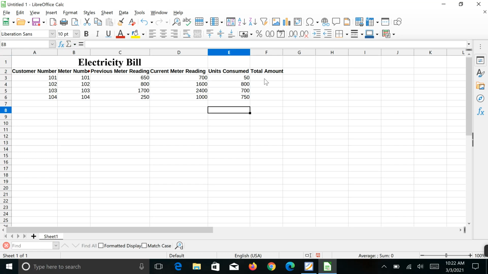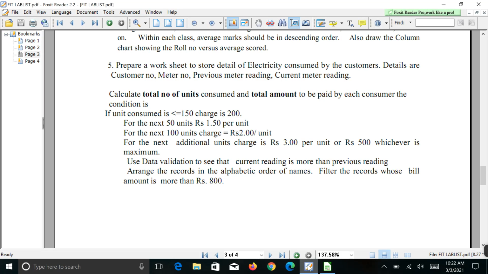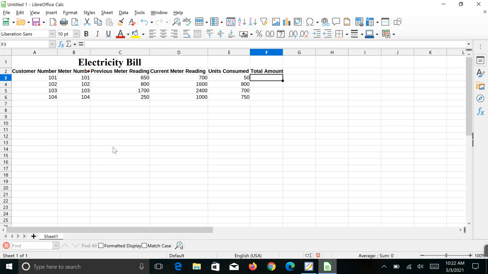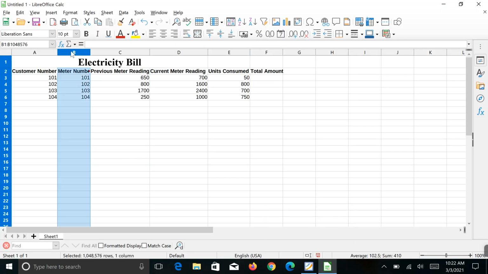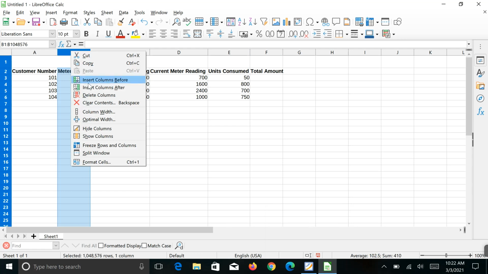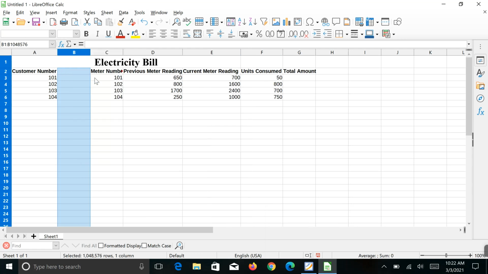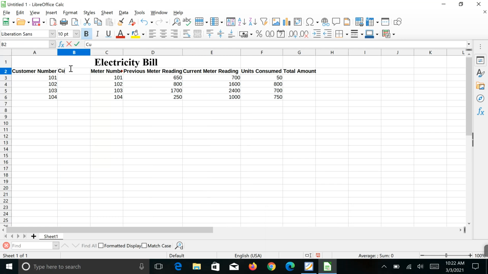Now I have to calculate, sorry, what is the customer number, meter number, previous reading. Okay, that's correct. Arrange the records in alphabetical order of names. Actually there is a mistake. It has a customer number, a customer name should come, but we can't arrange alphabetically because the name is not there. Okay, I'll insert one more column here. Insert a column before here, so I can put a customer name.